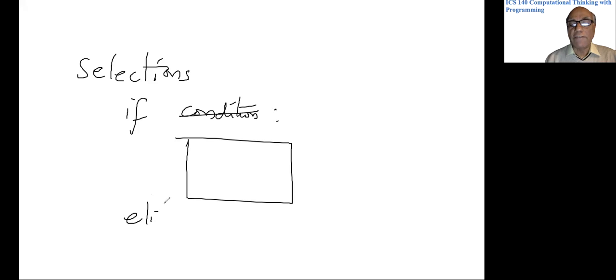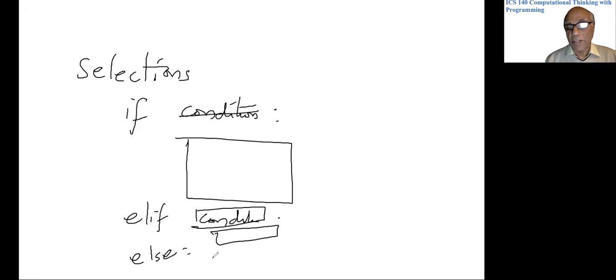We wrote elif or else, etc. We put conditions here, and we had statements here, and we could put else, and statements associated with these. So these are called selections. Now, not all statements here would get executed. If the condition is true, these statements will get executed. Otherwise, it will check this condition, and then these statements will get executed. Otherwise, these statements will get executed.